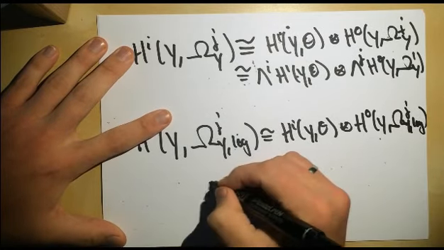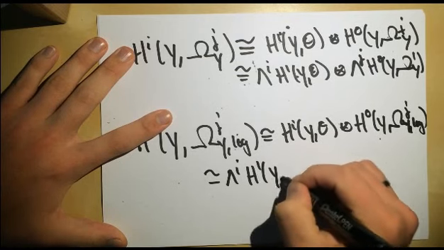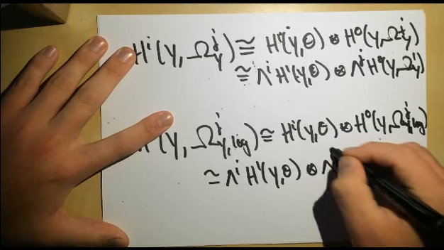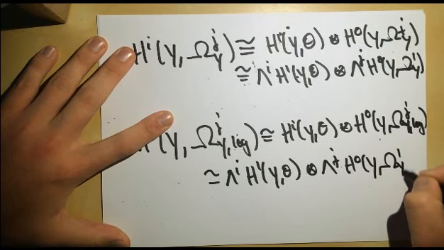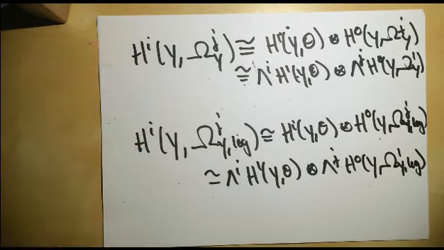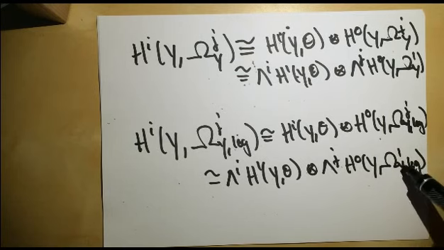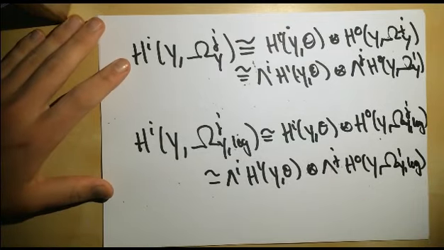And then this becomes isomorphic to the highest wedge power of H^1(Y, O) tensor, and then this is the highest wedge power here, H^0(Y, Ω^1_Y log). Okay, and this is the one thing I'm a little shaky on, this isomorphism from here to here, but I believe it. But okay, that's why I'll say this is still kind of a sketch.